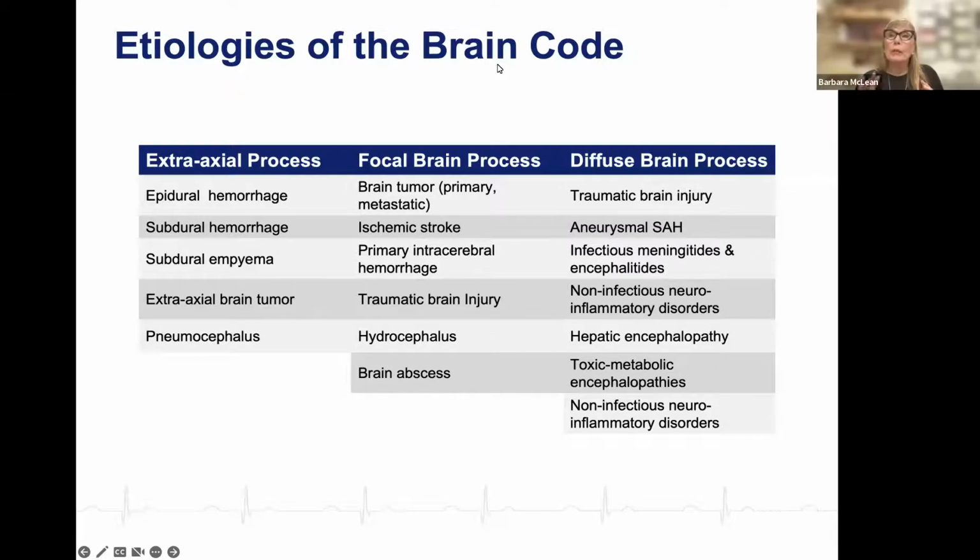Okay. So really, really important that even though you might not work in a neuro unit, you can have a patient who has a subarachnoid hemorrhage. That's going to cause some diffuse changes that cause increase in intracranial pressure. Lots of us take care of patients who have brain abscess, that have non-infectious neuroinflammatory disorders. For many of us, strokes, tumors, and hemorrhages primarily go to a neuro unit, and TBI primarily goes to the trauma unit.